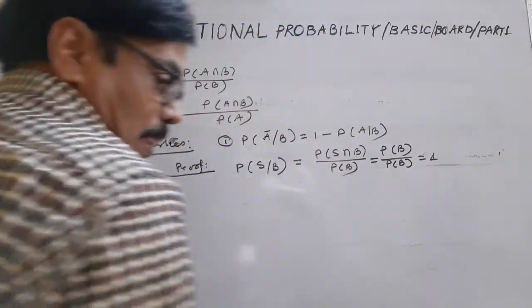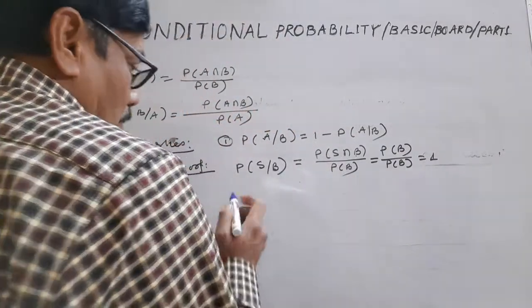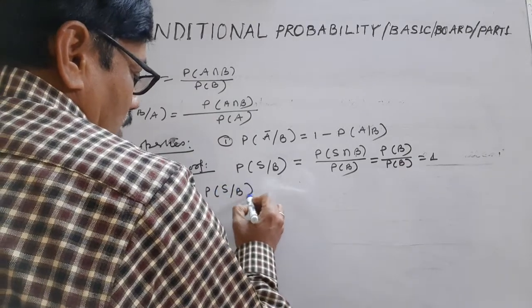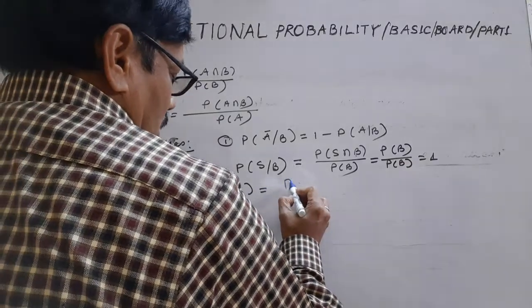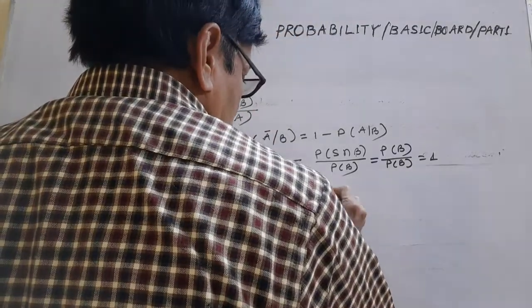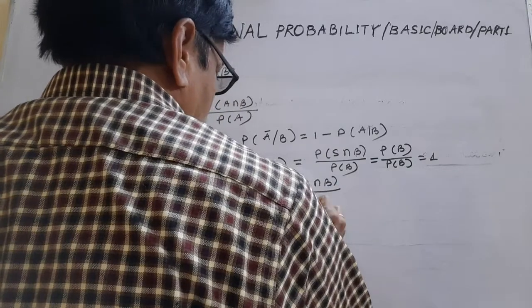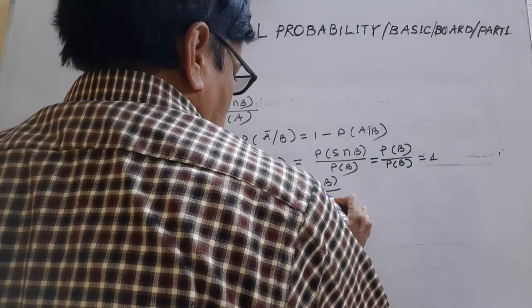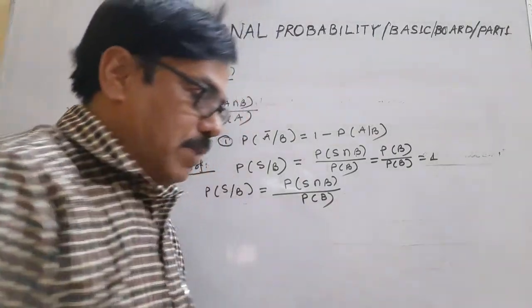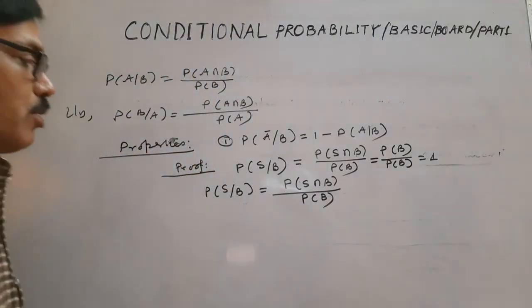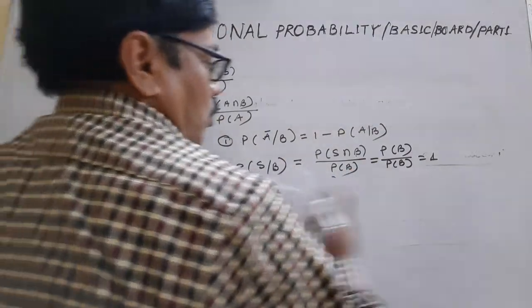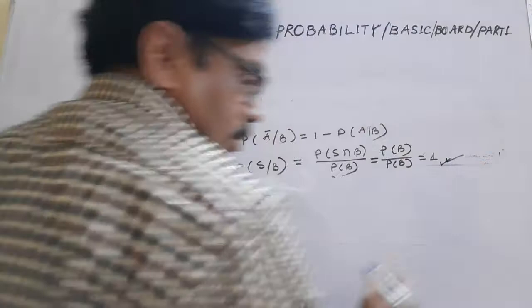Now, P(S/B) we can write as P(S intersection B) by P(B), which we have already proved is 1.